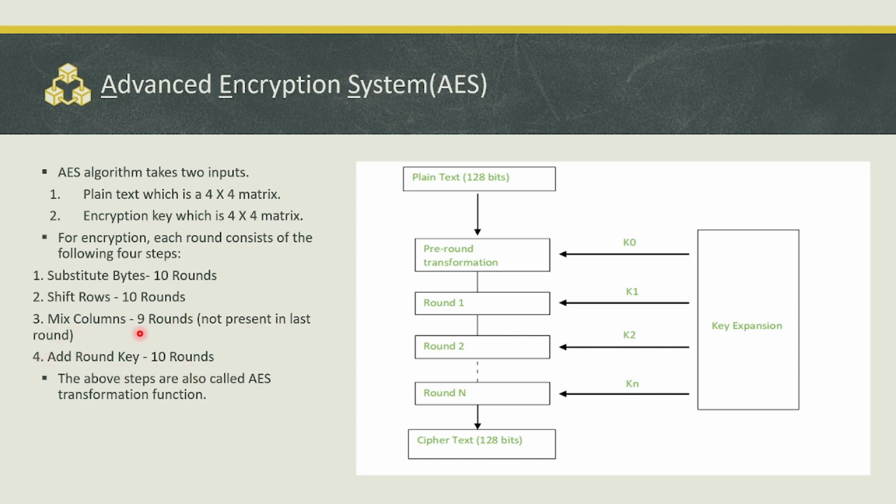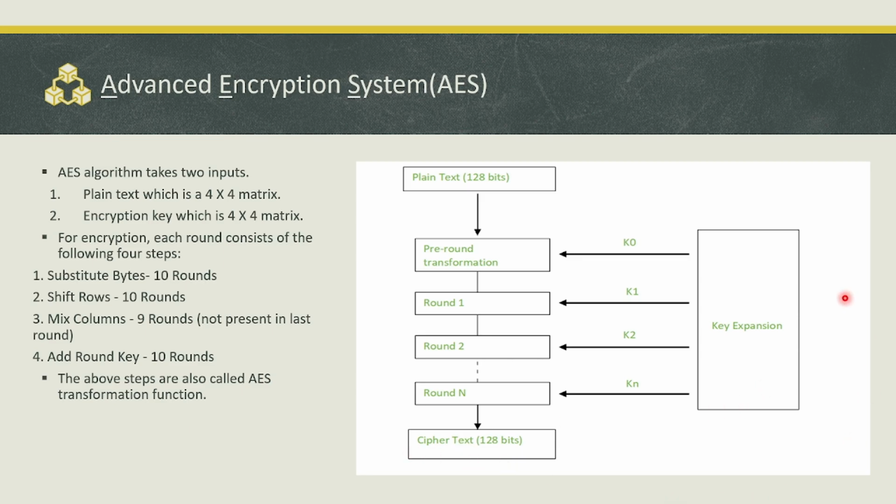This third step, mix columns, will not happen in the last round. You can see the brief structure of this encryption system. If you give the plain text, first it will perform a pre-round transformation, after that round 1 up to round n, and finally it will generate the ciphertext of 128 bits.